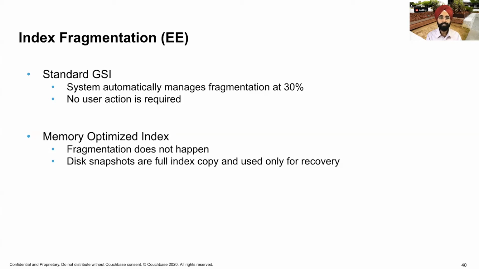For memory optimized indexes, fragmentation does not happen because on the disk, the snapshots are full index copies and are only used for recovery. So there is nothing to be concerned about as far as fragmentation goes.